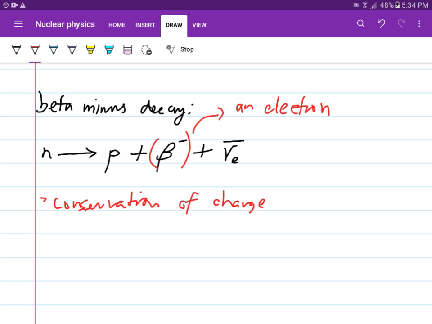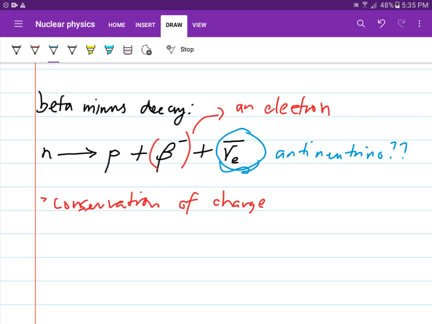So you might be wondering why the need for this another particle, which is the antineutrino. Doesn't this proton and electron already satisfy the conservation of charge? Or in other words, why do we need an antineutrino in the process?